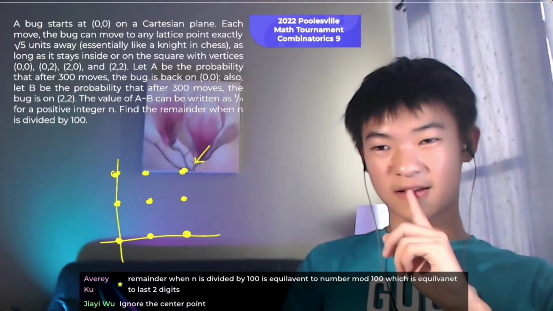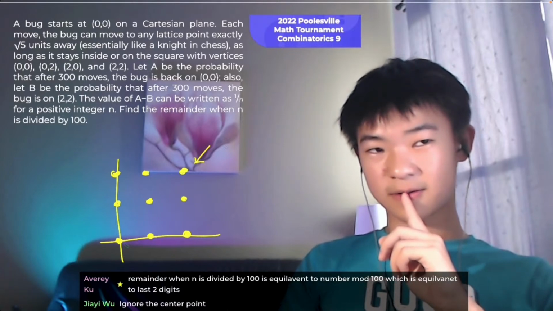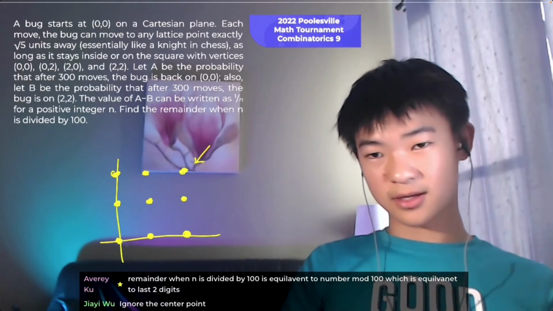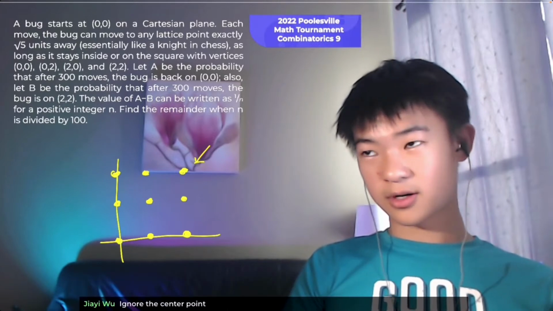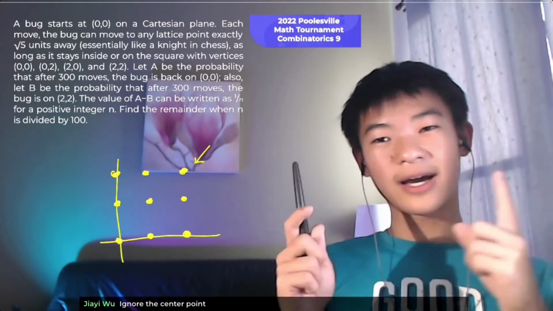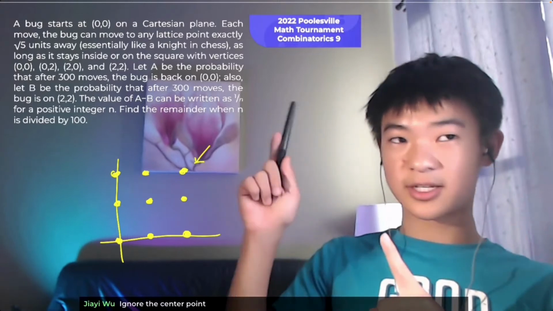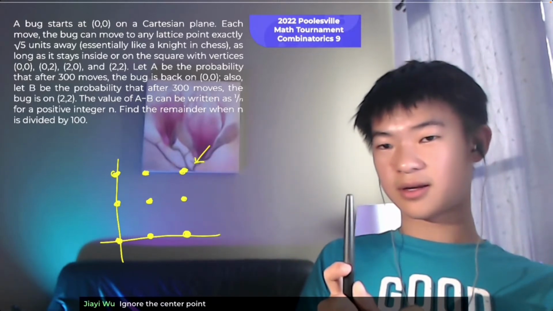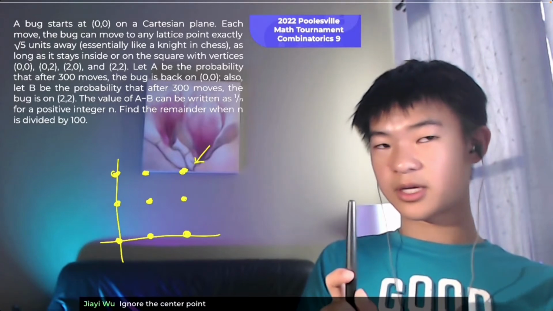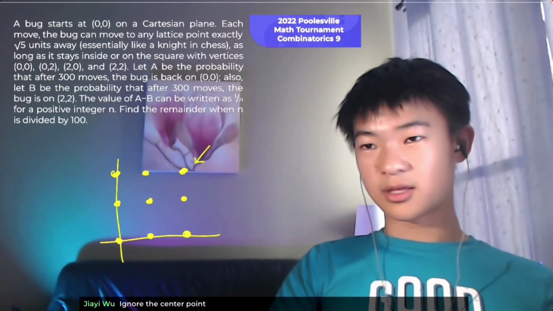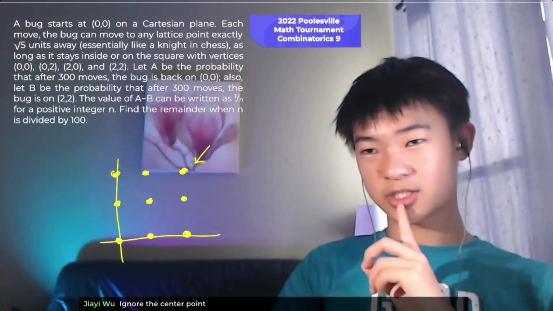Yes. Let's see. So the shortest path to get to that would be 1, 2, 3, 4. And then it could just cycle through 2 points. Yeah, I think it's possible because 300 is an even number. And every time it changes spots, the parity of the sum of the coordinates changes.